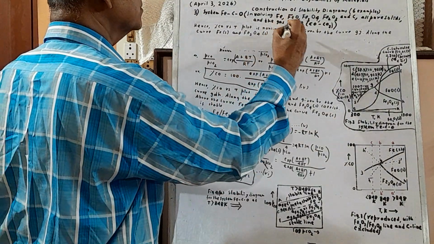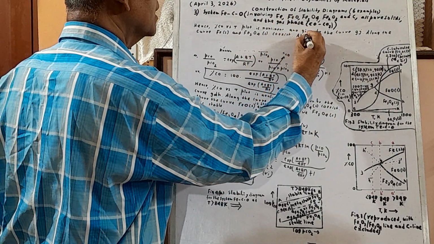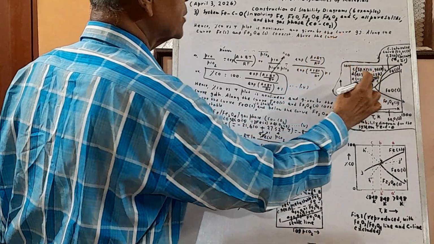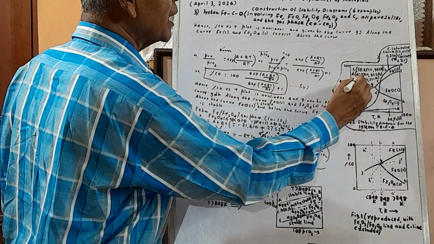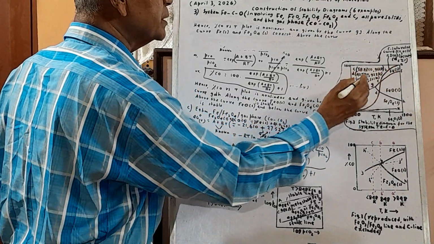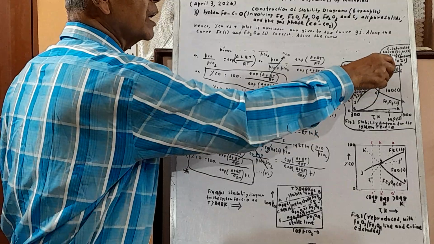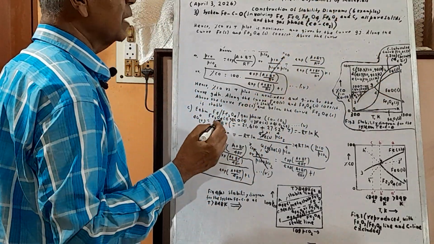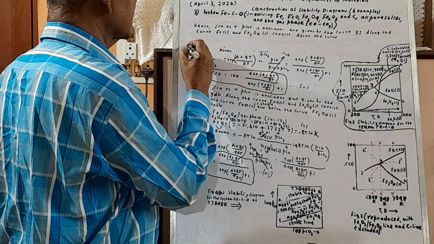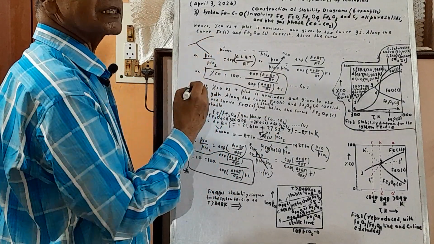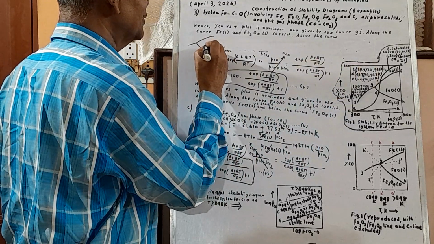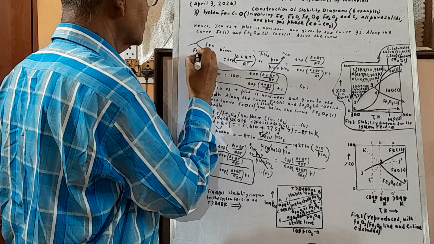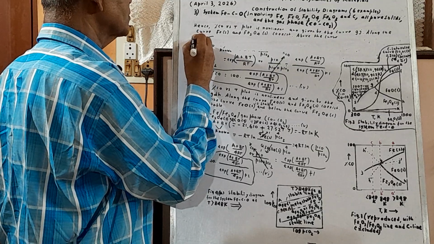Then above the curve, Fe. This is the stability domain for Fe. If you ignore the carbon curve, ABCD curve, above this curve is Fe. This is the domain for FeO. This is the stability domain for Fe3O4. This is the stability domain for iron.